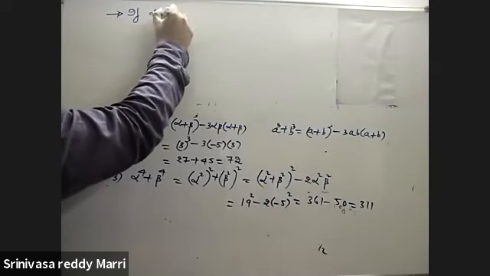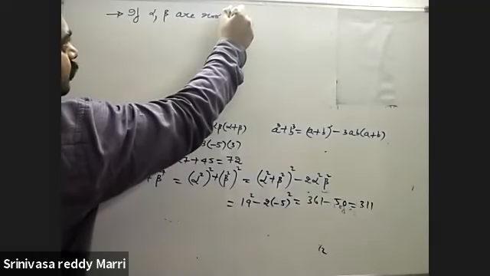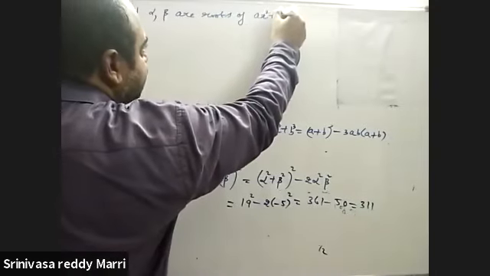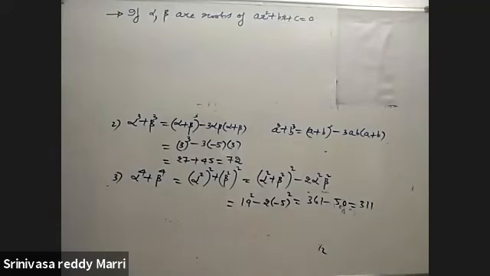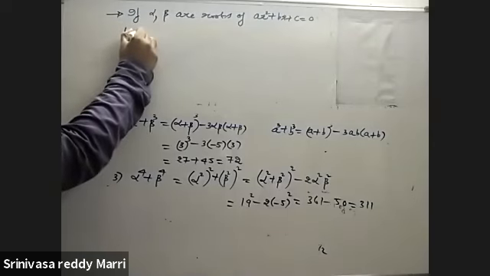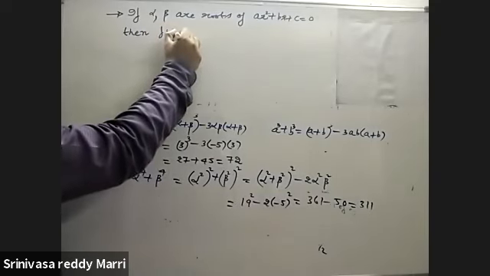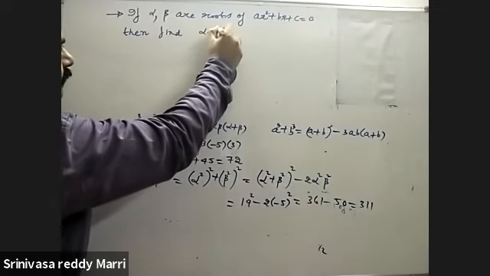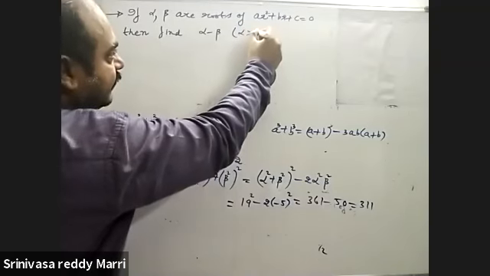If alpha, beta are roots of ax square plus bx plus c equal to 0, then find alpha minus beta, where alpha is greater than beta.